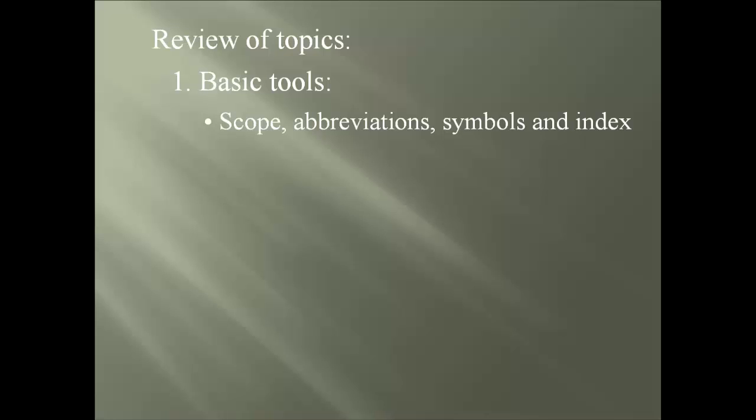We have come to the end of Segment 4, and let's review the topics we have covered. First, we started with basic tools found in the code. We reviewed the scope of the code, key abbreviations and symbols, then alerted you to the index that you can use for finding information with speed and confidence.